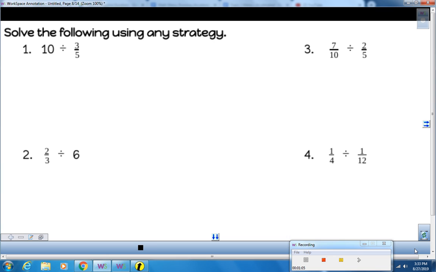Okay? There are 4 examples here. I'm going to do one, and then I'm going to invite you guys to do the rest of them. So I'll do number 1. We have 10 over 1. We're going to keep that. We're going to switch the symbol. We're going to flip the second number.